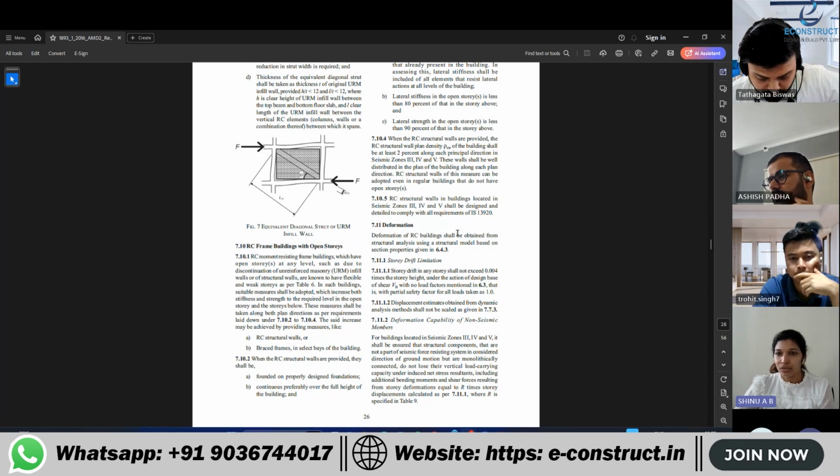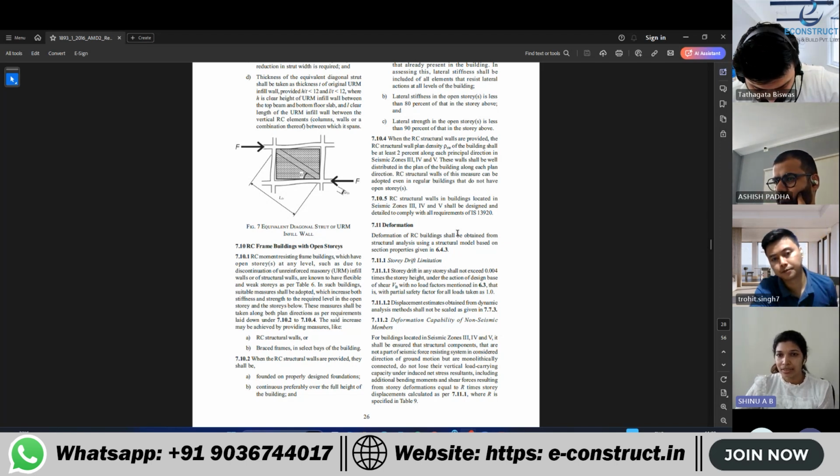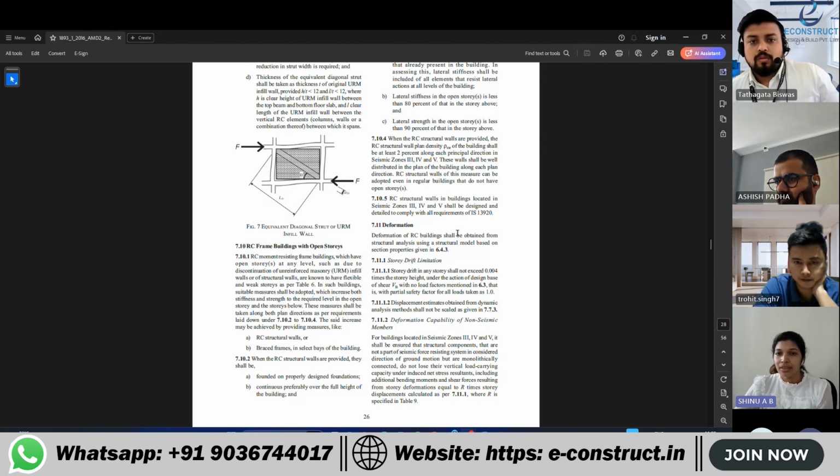Story drift in any story shall not exceed 0.004 times the story height under the action of design base shear VB with no load factors mentioned in 6.3, that is, with partial safety factor for all loads taken as 1. Displacement estimates obtained from dynamic analysis methods shall not be scaled as given in 7.7.3.